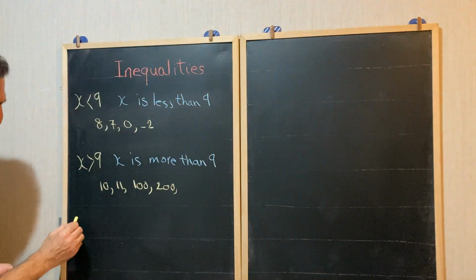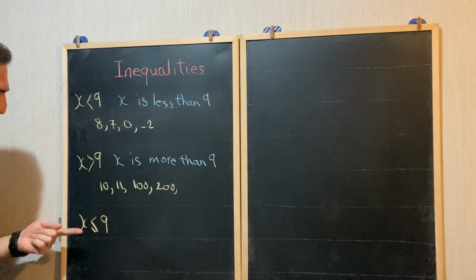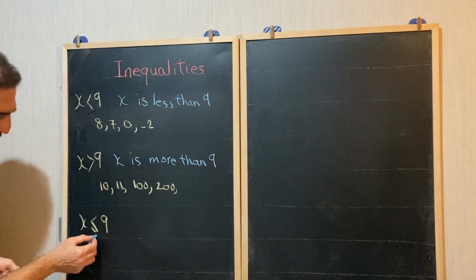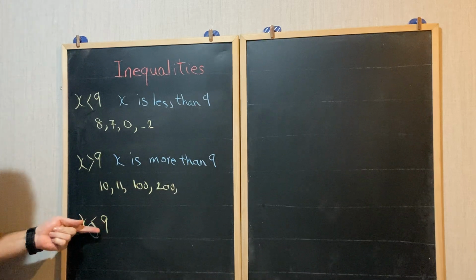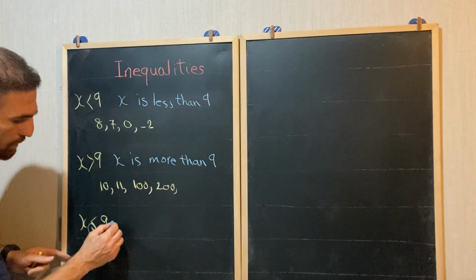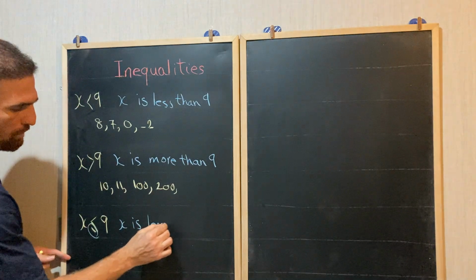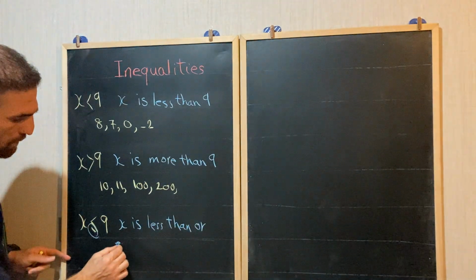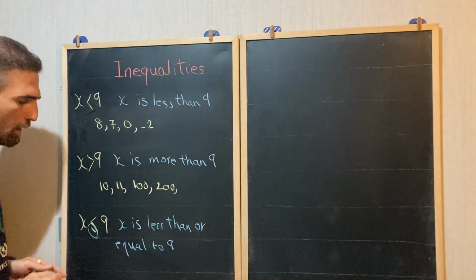But what is the next symbol that we are going to talk about? I write here, what is the difference between this symbol and this symbol? Look, this line says x is less than or equal to 9.